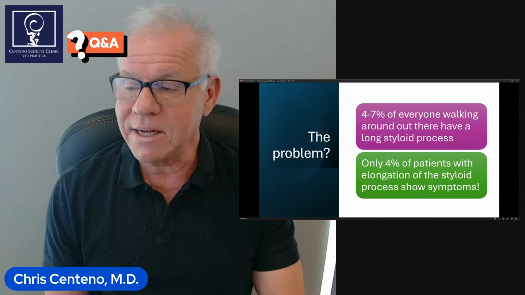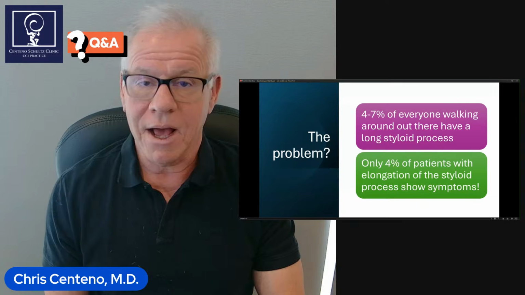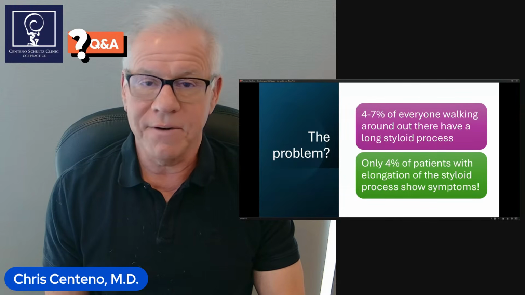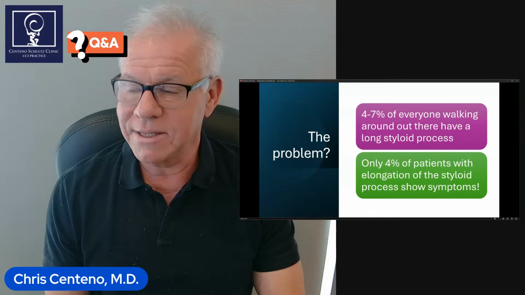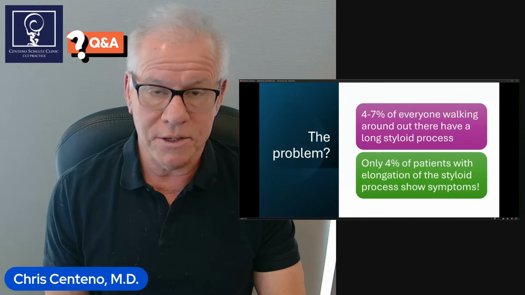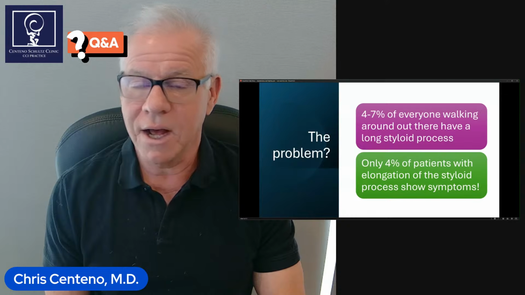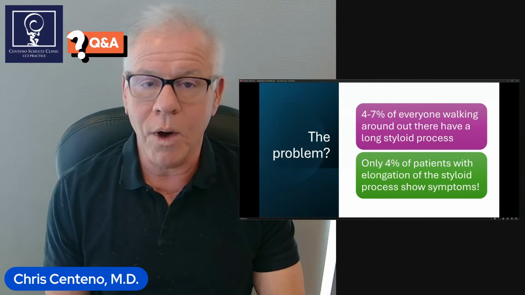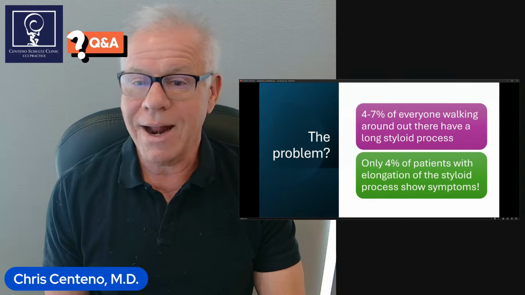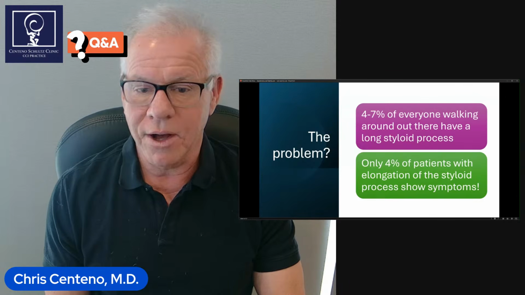So we'd take 100 people off the street and find 4 to 7 with elongated styloids, but we probably wouldn't find a single one of them who had Eagle syndrome. We'd have to take hundreds and hundreds of people off the street to find one patient with elongated styloid where that elongated styloid was actually causing a problem.